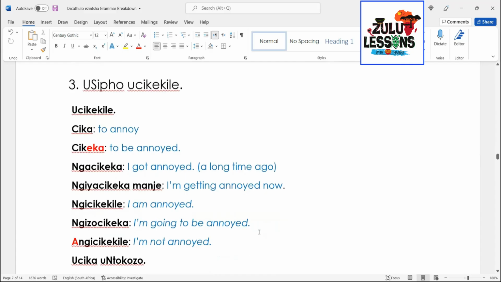Now, the next sentence I want to look at a little bit is Usipho ucikekile. I don't know what kind of child would be using this. I don't think a child would use this language and say ngicikekile to his big sister, because that would just be so rude.